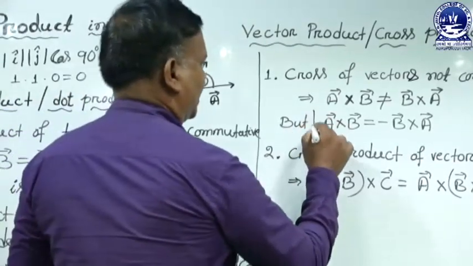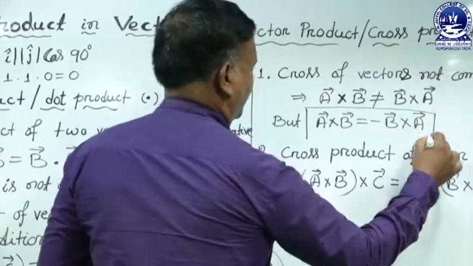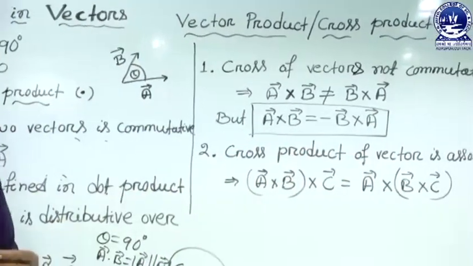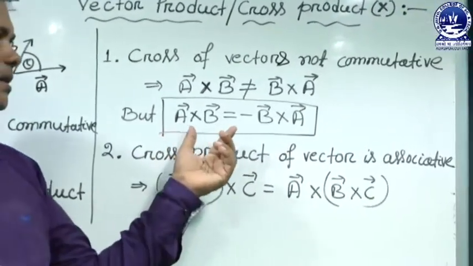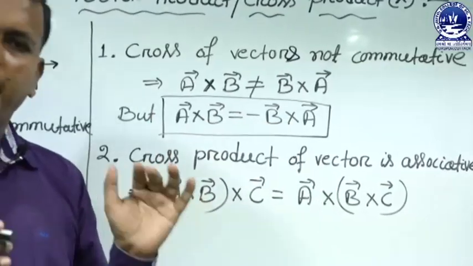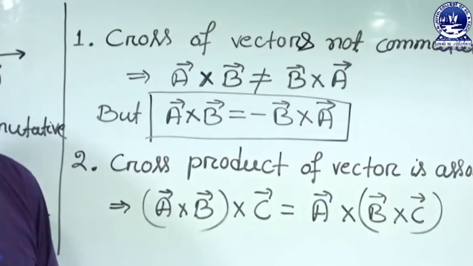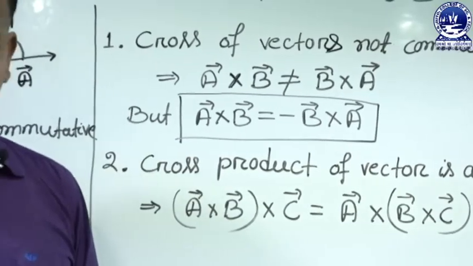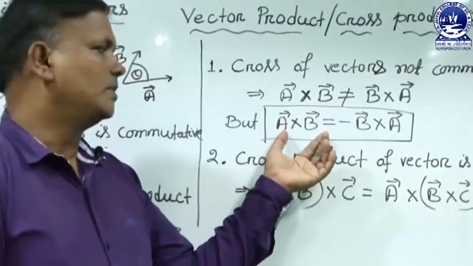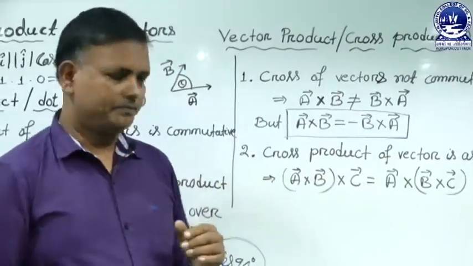A cross B and B cross A have the same magnitude, only the direction is different, opposite to each other. That is why A cross B is equal to minus B cross A.